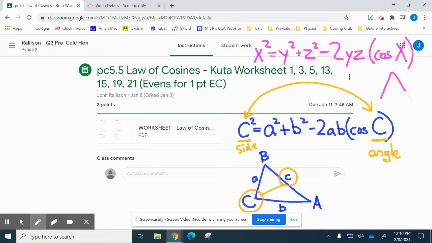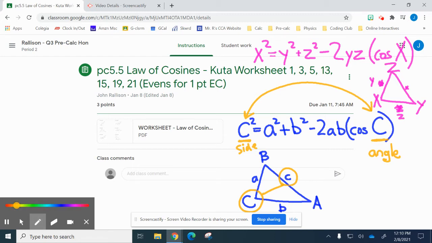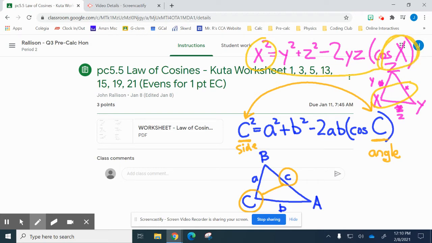And that would be for a triangle labeled x, y, z. Oops, I did that wrong. Sorry. I'll give you a chance to see that I make mistakes. And hopefully you caught that before I did, and said, hey, wait a minute, that's not right. The main thing, again, it doesn't really matter what you label them, as long as the angle and the side are on the opposite sides, or the algebraic equivalent of being on the opposite sides.